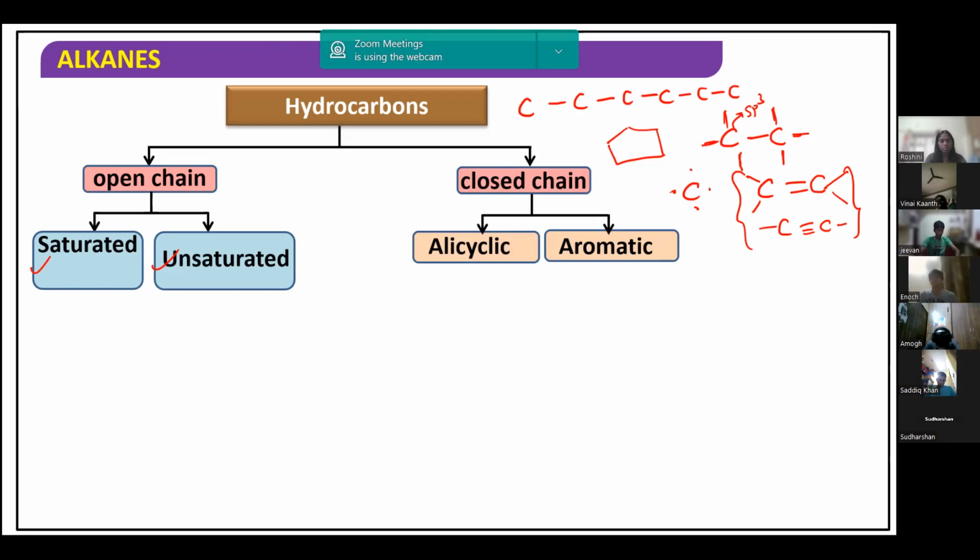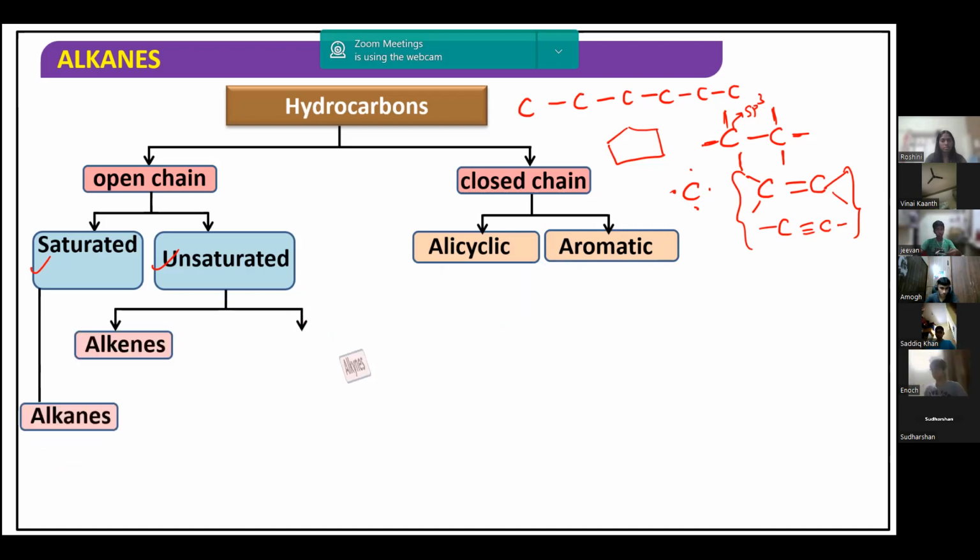So there is a difference in their chemical properties, aliphatic and aromatic. But aliphatic cyclic compounds may have similar characteristics to open chain aliphatic compounds. So we can further classify these aliphatic compounds again as saturated and unsaturated.